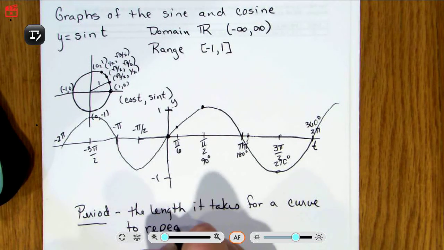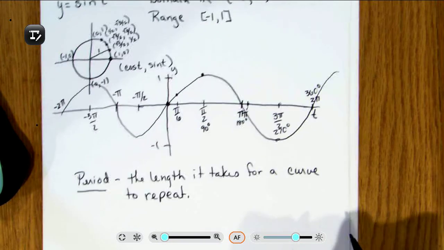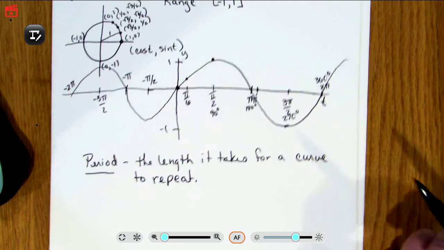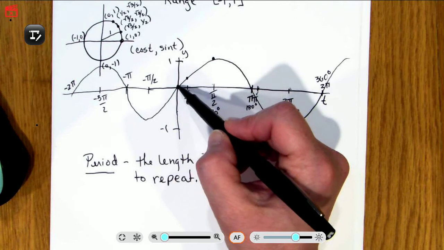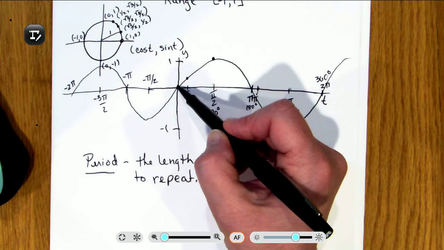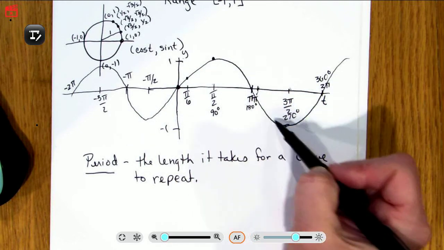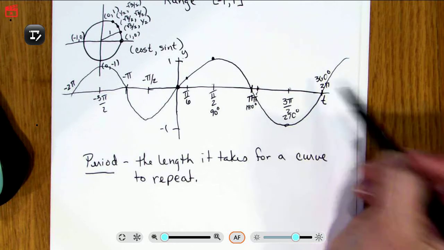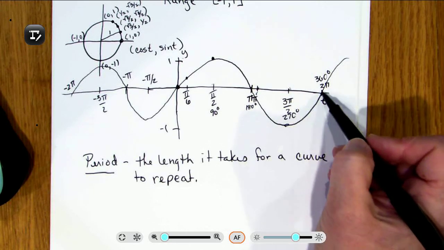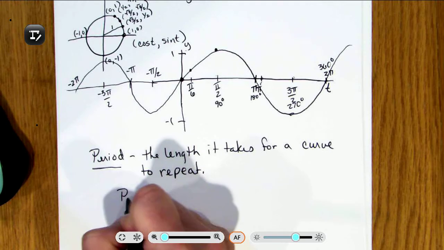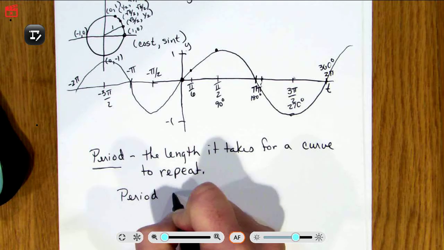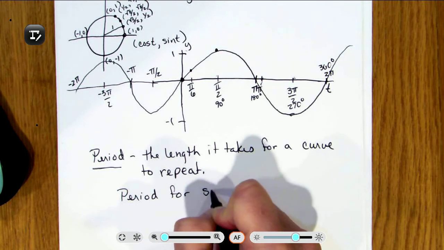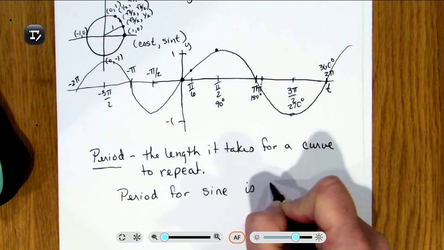Now these are my words, not a book's words, so hopefully that makes a little bit more sense. So the period for the sine curve, you'll notice we started at 0 and we went through this whole cycle and we started to repeat ourselves after 2 pi units. So the period for our sine curve is going to be 2 pi.